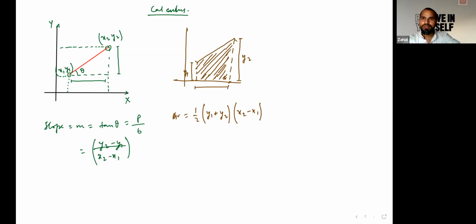So there is not much difficulty in these two calculations. Now, suppose you have a curve, not a straight line, like this. The question arises, how do we define the slope of this curve, or how would we be able to calculate the area inscribed in this curve with respect to the x-axis?